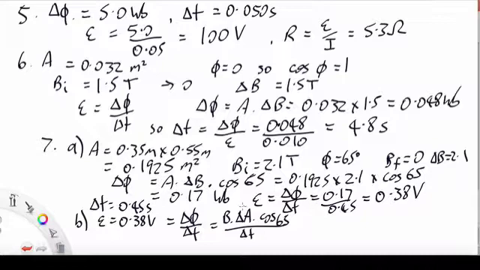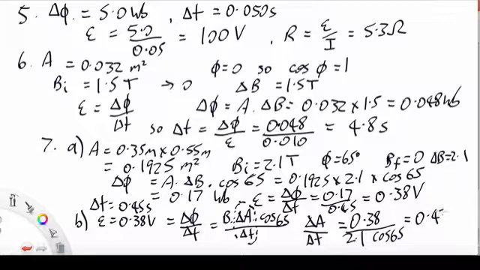We have the change in A, so the rate of change of the area has to be 0.38 over 2.1 cos 65, and that is 0.43 square meters per second.